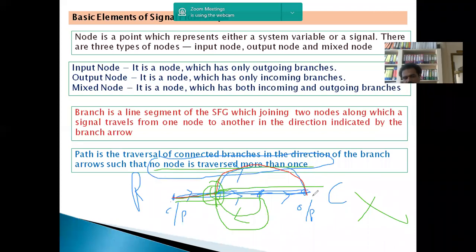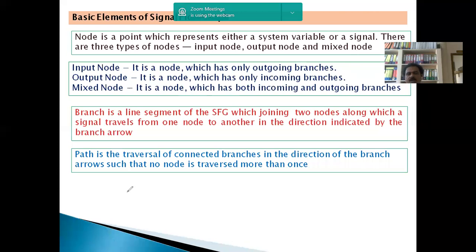One node in one path has to be crossed only one time. So one node is traversed only once in one path. That is called a path.